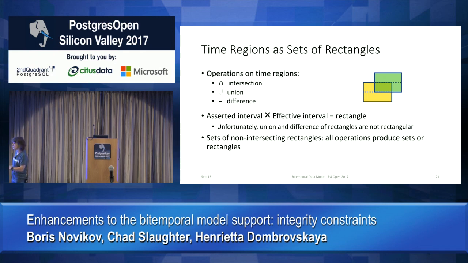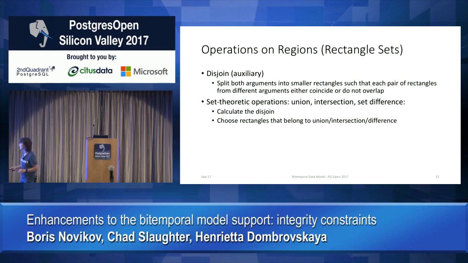And in order to be able to represent each time region as a set of rectangles, we introduce one more operation, which is called disjoin. That's an auxiliary operation. You might think disjoin is where we take one region and separate it into smaller rectangles, but actually disjoin is an operation on two time regions.